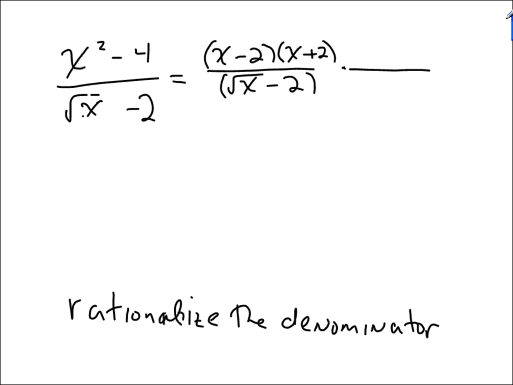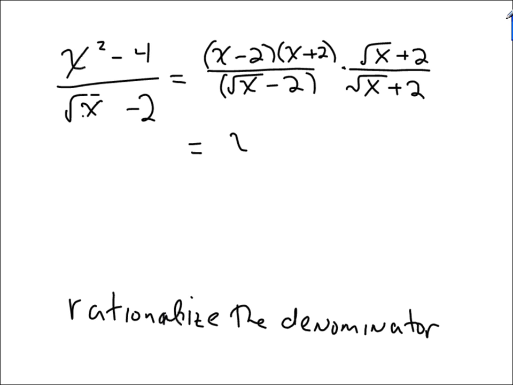Even if you don't see how you want to multiply by 1, you have to get mathematically mature enough to say, if I want to change the way that bottom looks, I need to multiply by 1. And the answer is to multiply by the conjugates, because that gets rid of square root signs.